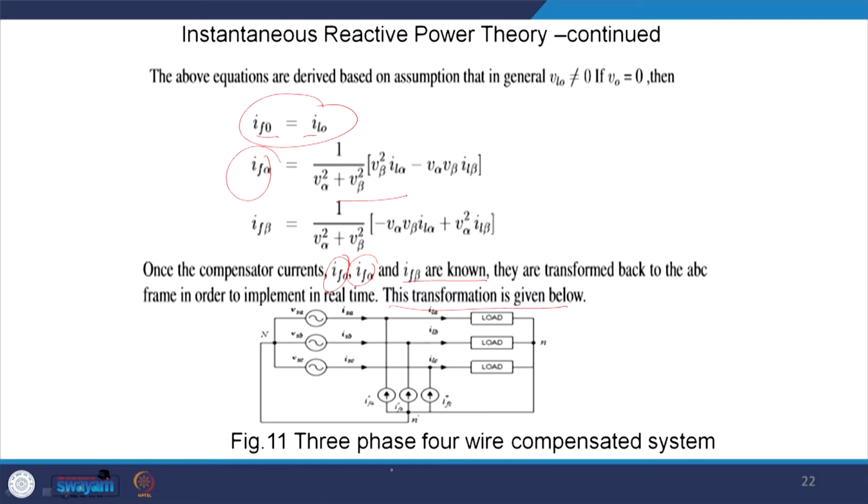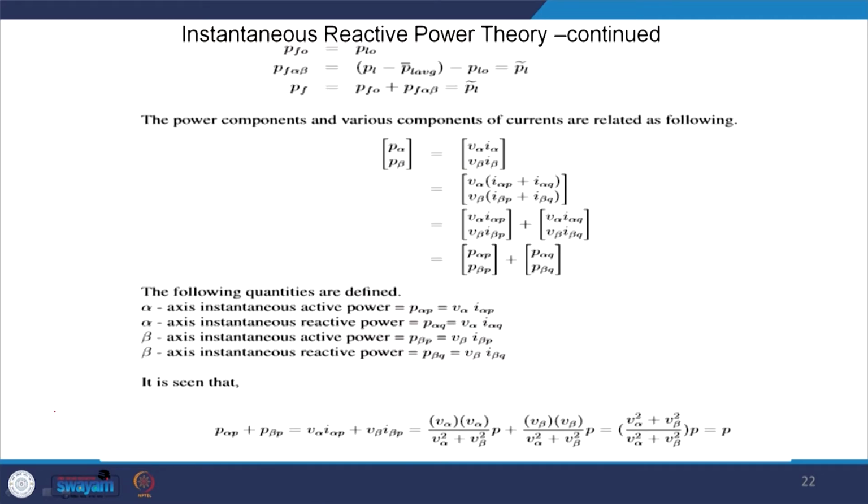So, this is the way we can do it. As we are discussing the instantaneous reactive power theorem, please note that the zero sequence power supplied by this active power filter is P f 0, and this is the load part of this zero sequence component.